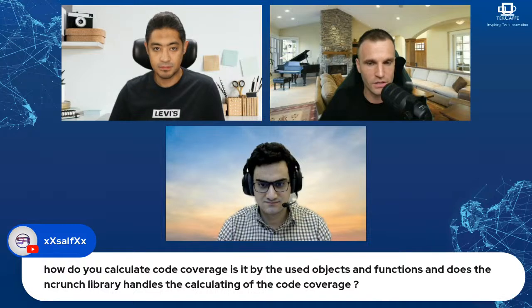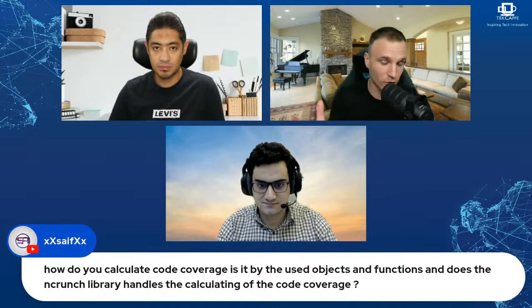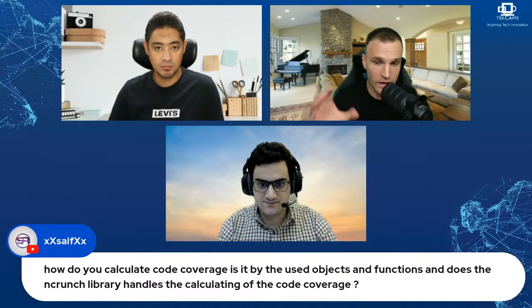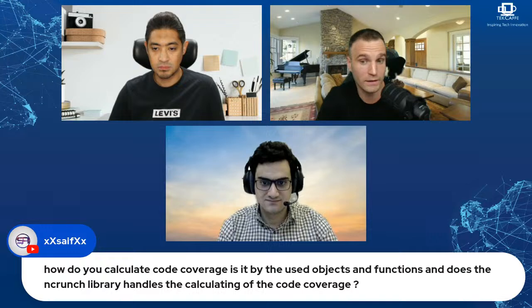I think the code coverage is calculated by line. So how many of all the lines of your code base have been executed, touched, invoked by your tests. I don't think it's object or function level. It's line by line. Whether the given line of code is called by your tests, then it increases the coverage.